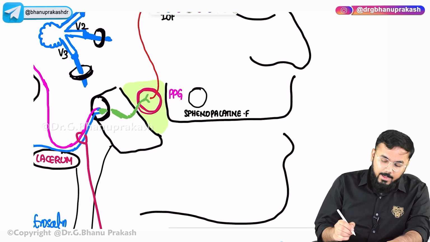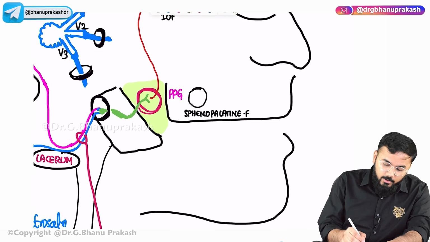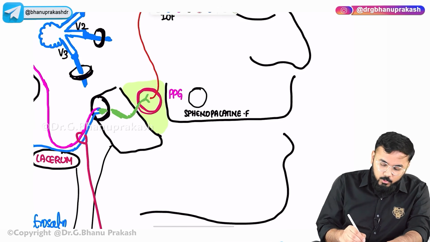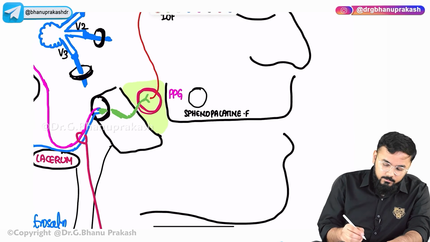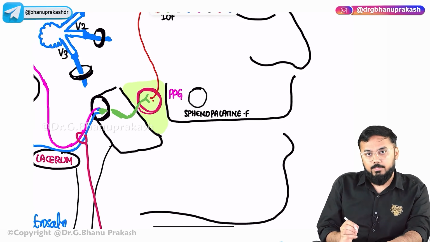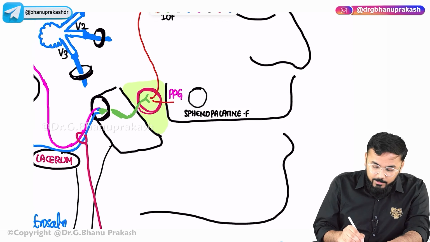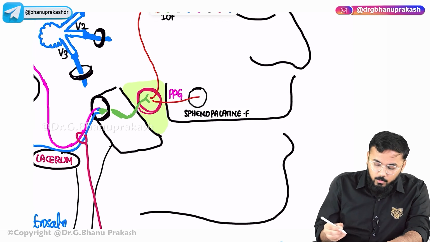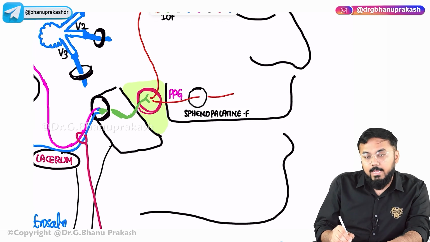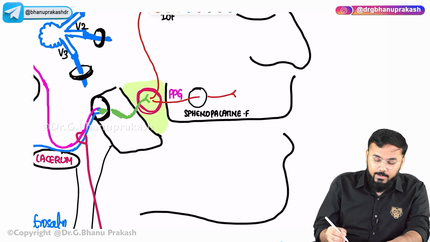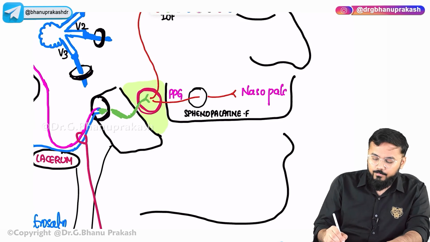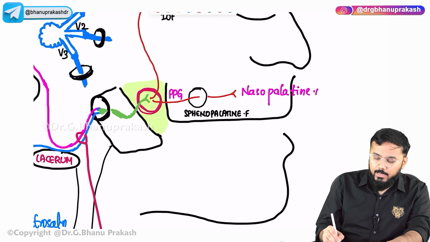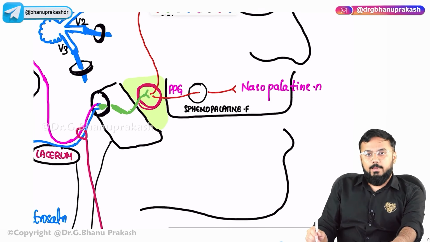Now the postganglionic fibers enter through this spinopalatine foramen and come out as the nasopalatine nerve. What is the name of the nerve? This is called the nasopalatine nerve.